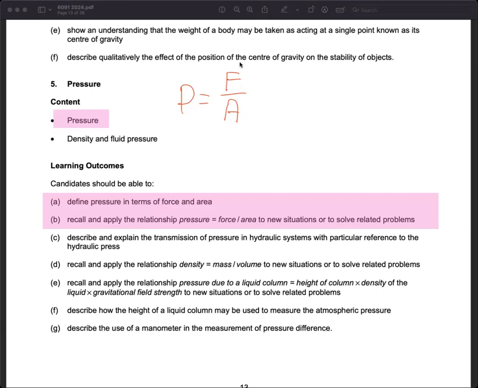Whereas given the same force, the smaller the area, the greater the pressure. So how are these two variables related? If A goes up, P goes down, or if A goes down, P goes up, they are inversely proportional. You can say that pressure and the area are inversely proportional to each other.